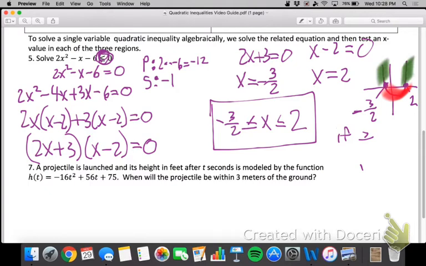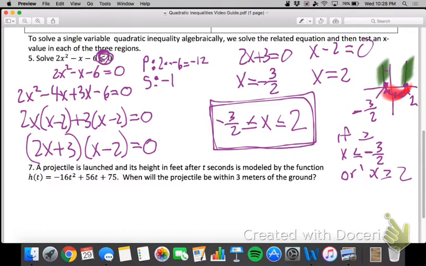So we would say x is less than negative 3 halves, or x is greater than or equal to 2. We can't write this one as a compound inequality because it's split into two different parts, as opposed to this answer, where the entire thing is one section of the graph. This is two separate sections that aren't connected.